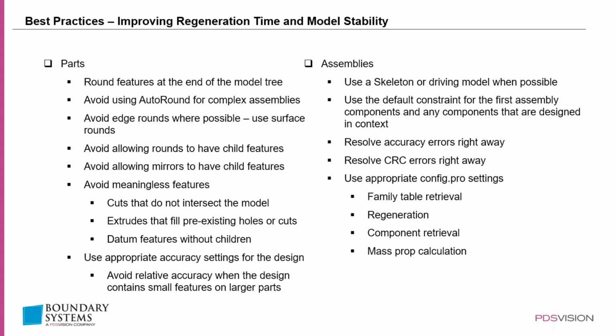The next two: resolve accuracy errors right away and resolve CRC errors right away. These are, I think, really, really important. Generally, errors are just going to build on themselves. As some of you may be aware who have models filled with red failing features, it gets to the point where you can't really fix these things without rebuilding the model.